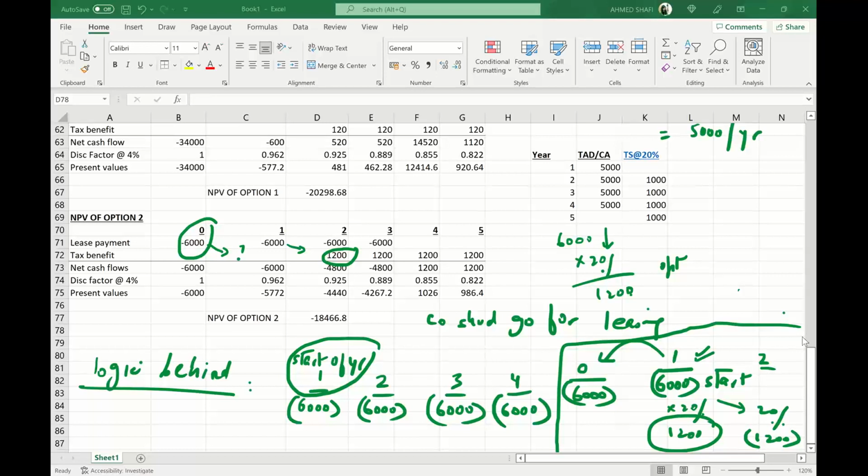Hassan, it's not possible to use different discount factors at both places. Either compare it with 4% or 8%.